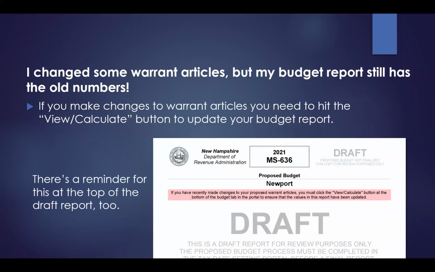What that's doing, like I said earlier, is adding up everything and rolling it all into one proposed budget. And so that's basically what updates your report. You'll also see a reminder at the top of the draft 636 or 737 that tells you very clearly that if a change you made isn't reflected, you have to go back and hit that button.